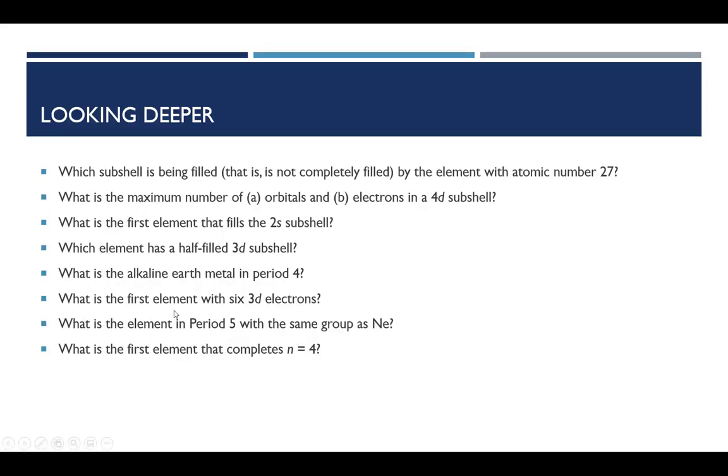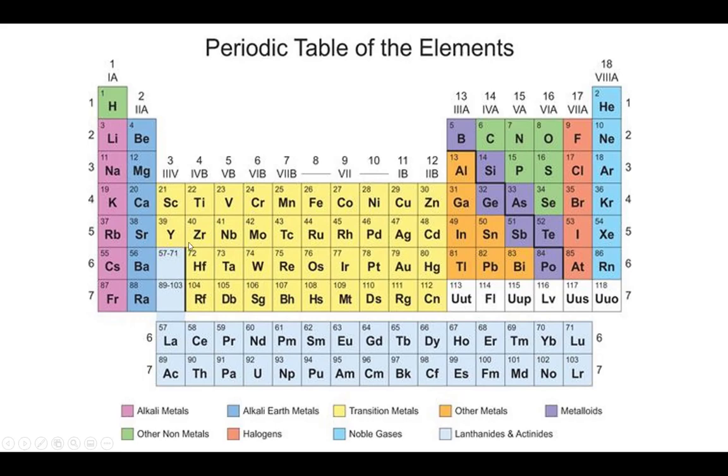What is the first element with 6 3d electrons? Well, let's see if we can find that. So we'll go to the 3d electrons. So where do we fill 3d? Well, these are the 3ds. So we would expect 3d1, 3d2, 3d3, 3d5, 3d6 would be iron.